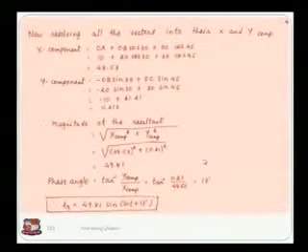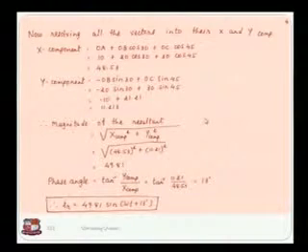Now we are finding the resultant of it. First of all we have to find the x component and y component of all the 3 currents. So first of all we are finding the x component, which is equal to OA plus OB cos 30 plus OC cos 45.